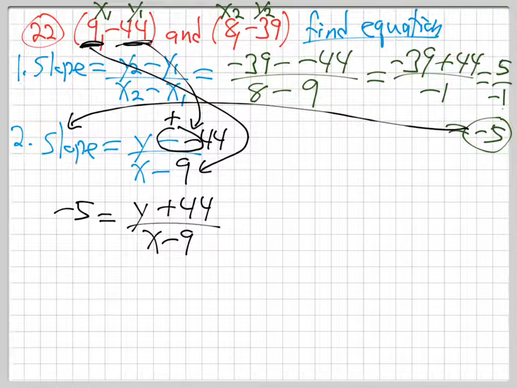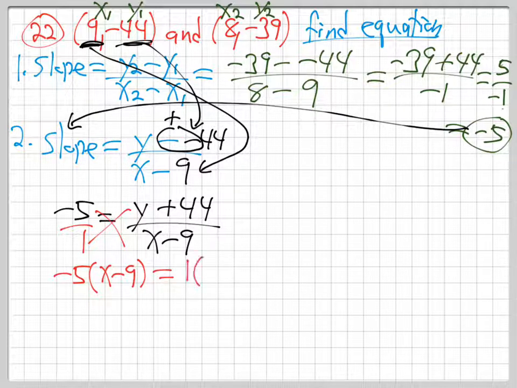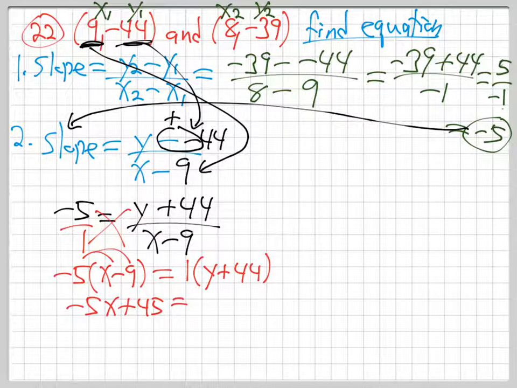And you know how to deal with that. Put this over 1, diagonal, diagonal. So we get minus 5 times x minus 9 equals 1 times y plus 44. Distribute. Minus 5x plus 45 equals y plus 44.